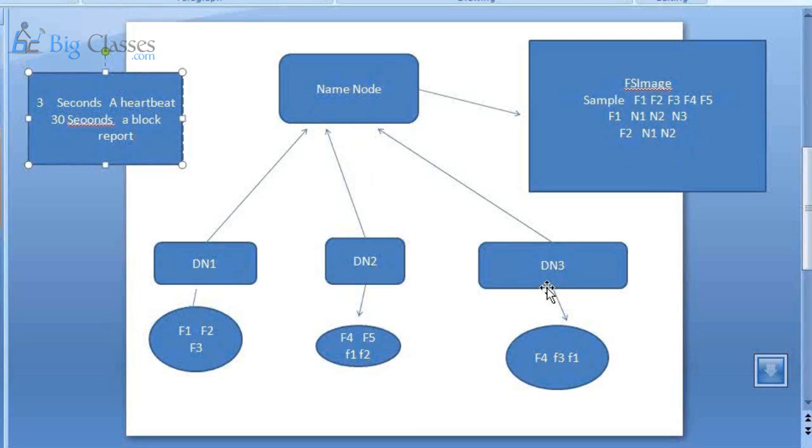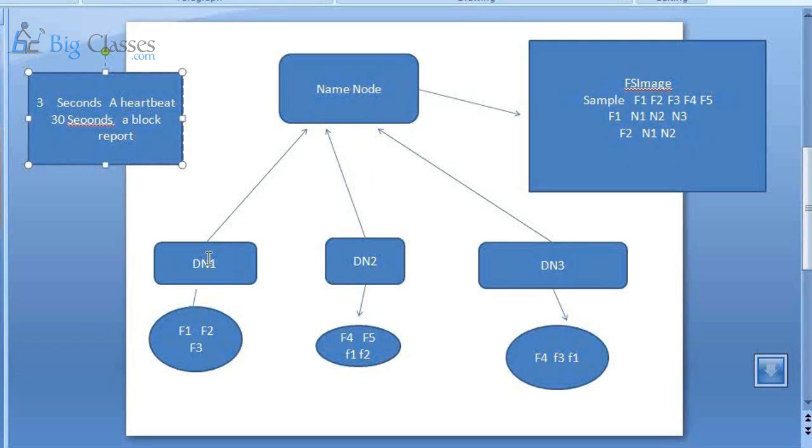Okay, and one more thing is that by chance, if the name node is not able to hear the heartbeat for a certain amount of time, it assumes that the particular data node is dead, and it will automatically transfer.